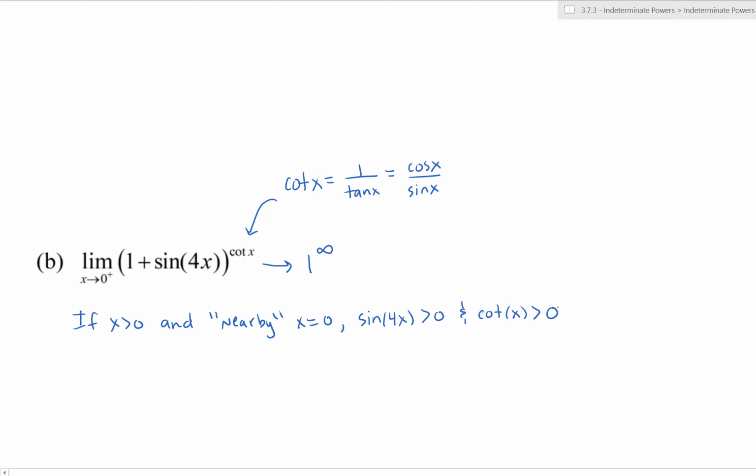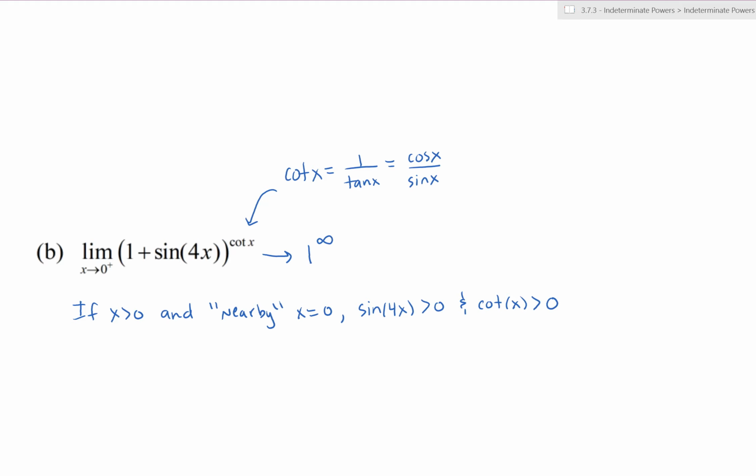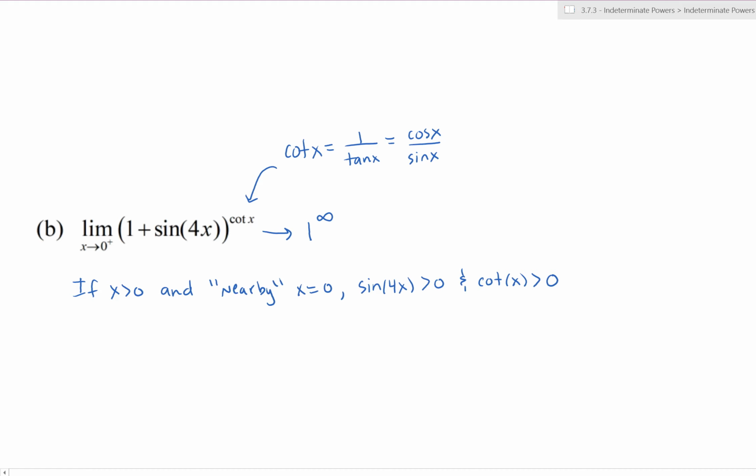So the entire quantity is a positive number raised to the power of a positive number, which is positive when we're close by to x is 0, but on the right side of 0. So we can go ahead and take the natural logarithmic game that we played in the previous example again. Let's go ahead and set this limit equal to L, limit as x goes to 0 from the right of 1 plus sine of 4x to the cotangent of x.